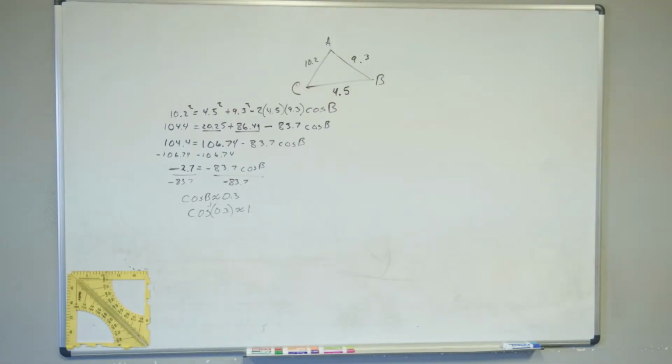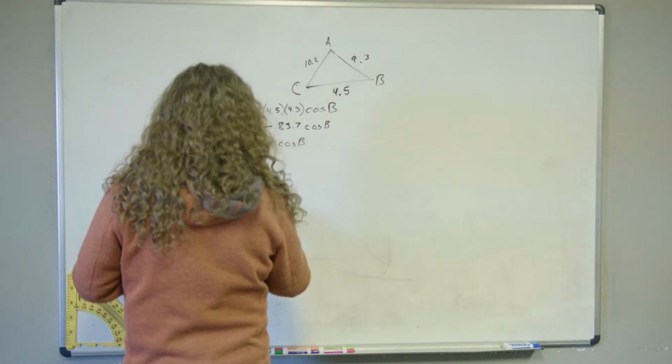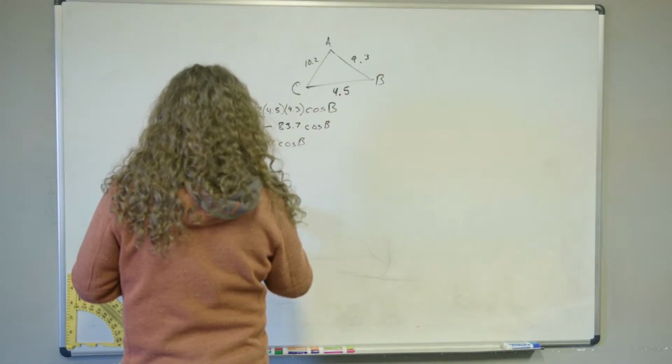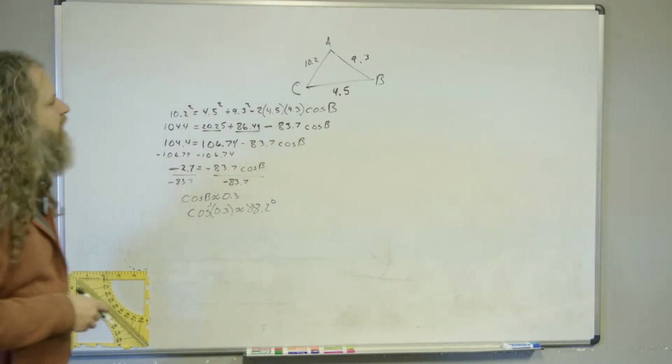That would have been easier. Then the inverse cosine of that number. 88.2 degrees. Now we know a pair.